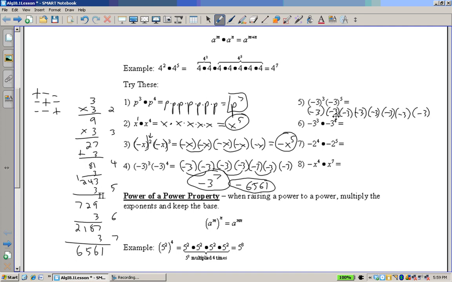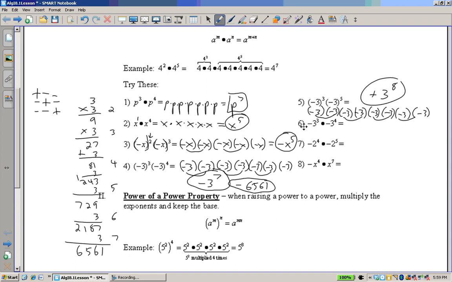Now, 2 negatives make a positive, so 1 pair, 2 pair, 3 pair, 4 pair. You notice since we had 1, 2, 3, 4, 5, 6, 7, 8, since there are 8 of them, that's an even number of negatives. So since there's an even number of negatives, it will come out positive. So positive 3 to the 8th power.